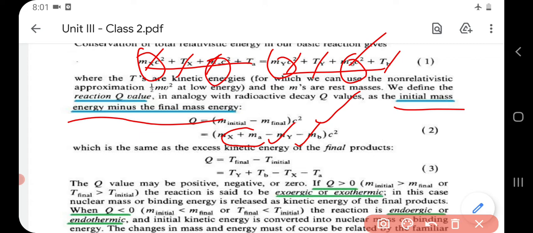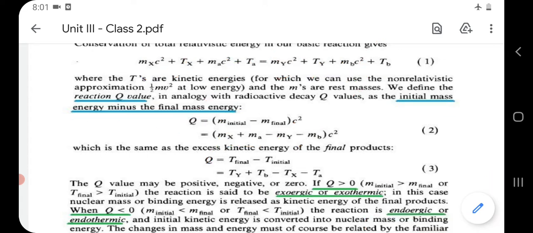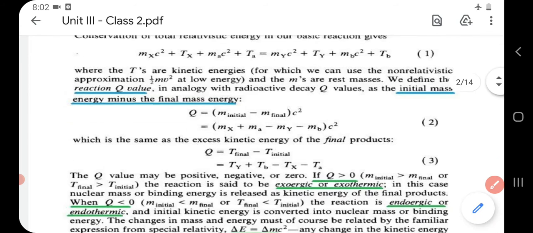So we can represent the Q value in terms of mass like this, and in terms of kinetic energy it is the final kinetic energy minus the initial kinetic energy, that is Q = T_Y + T_b − T_X − T_a.